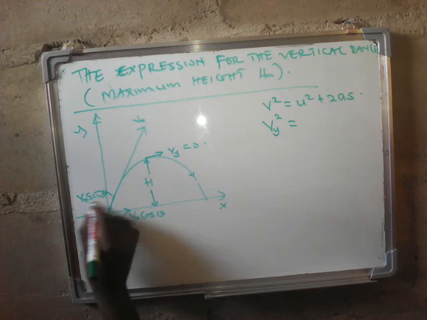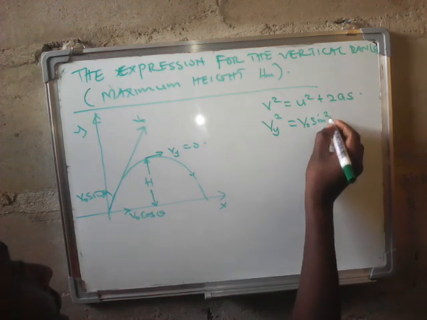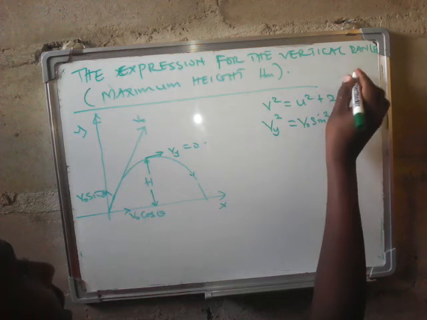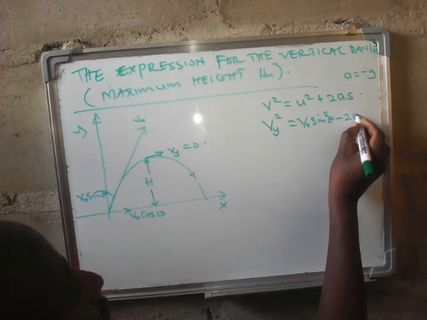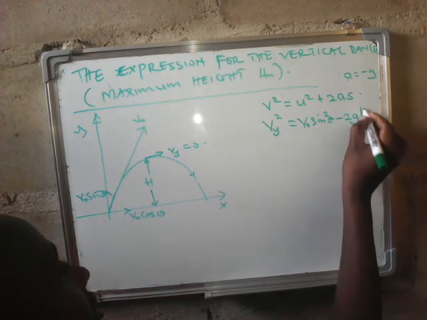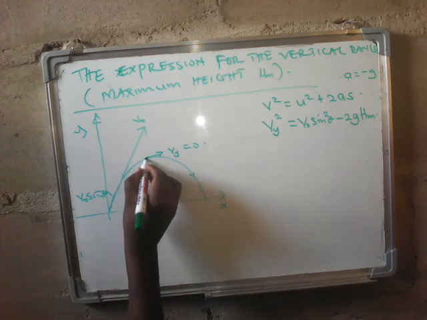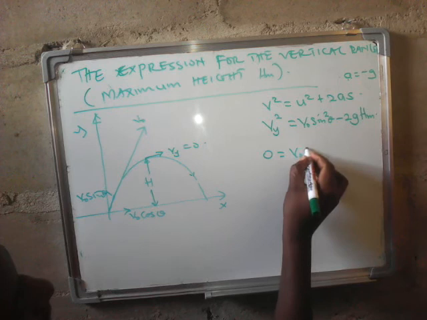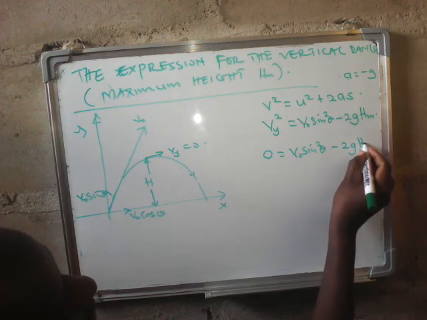Our initial velocity is this one because it is moving up, which is v naught sine theta, squared. Then a is equal to negative g, which gives minus 2g. Now this displacement s is going to be our H maximum, which we are looking for. But remember, at this point Vy is 0. So 0 is equal to v naught sine theta squared, minus 2g H max.